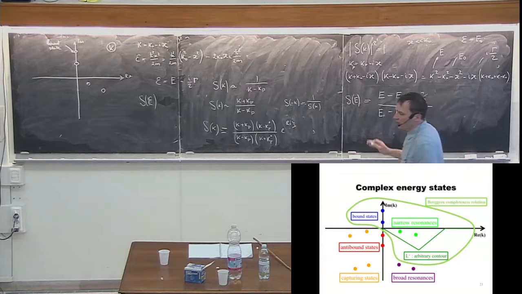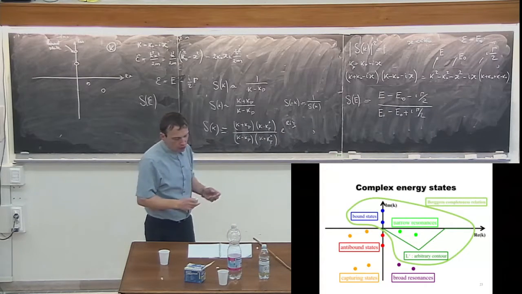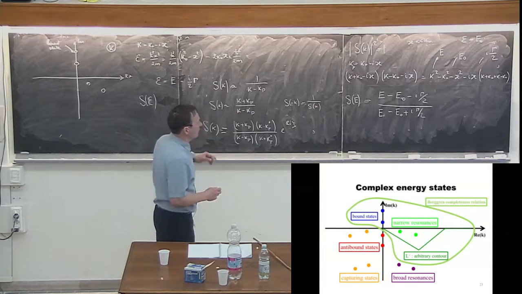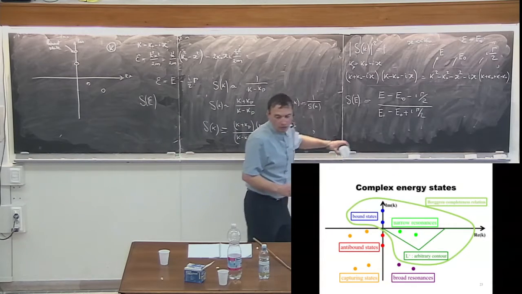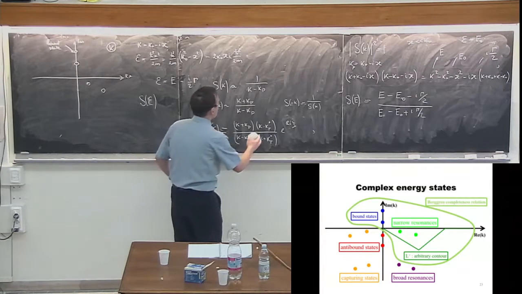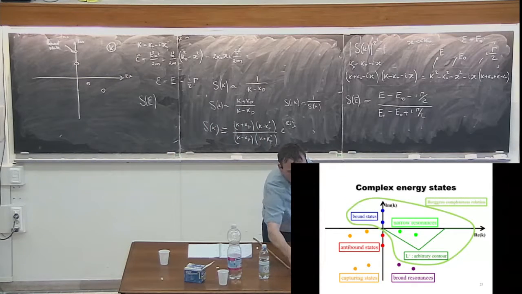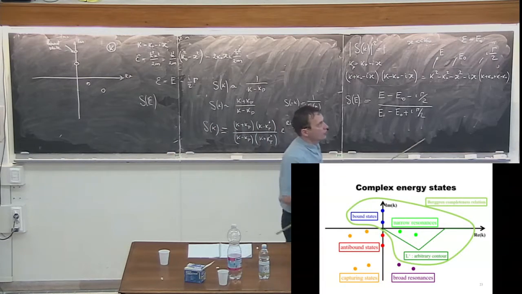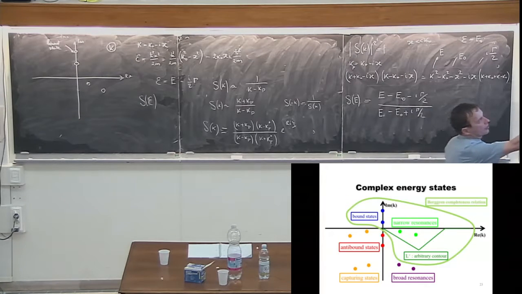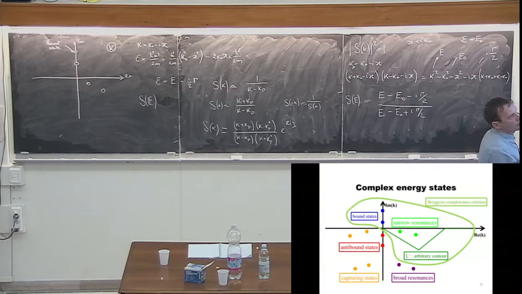Having this form of the S matrix, we can go back and compute the scattering amplitude, or scattering cross-section. Actually, maybe before I talk about the scattering cross-section, I have to show you this picture. This is the picture of the poles in the complex plane, and you can see, as I was showing, these are bound states, and these are resonances.